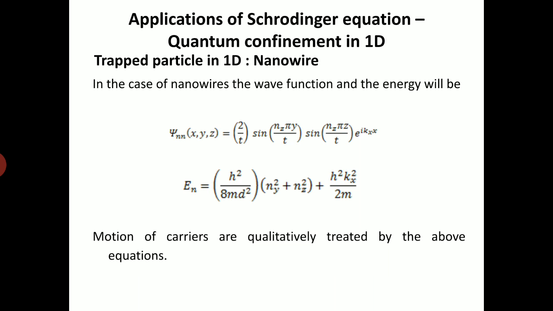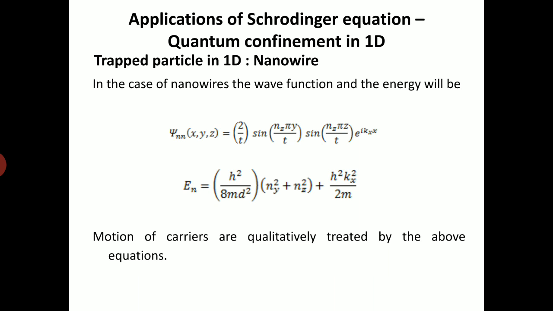The obtained wave function is ψ(n_y, n_z) = (2/t) sin(n_y πy/t) sin(n_z πz/t) e^(i k_x x). This is the wave function.